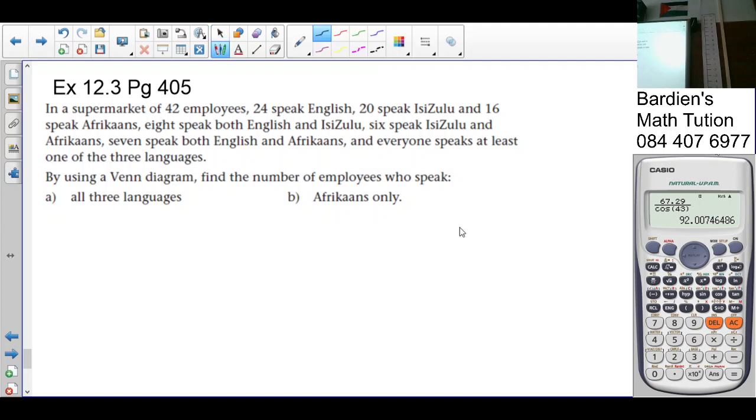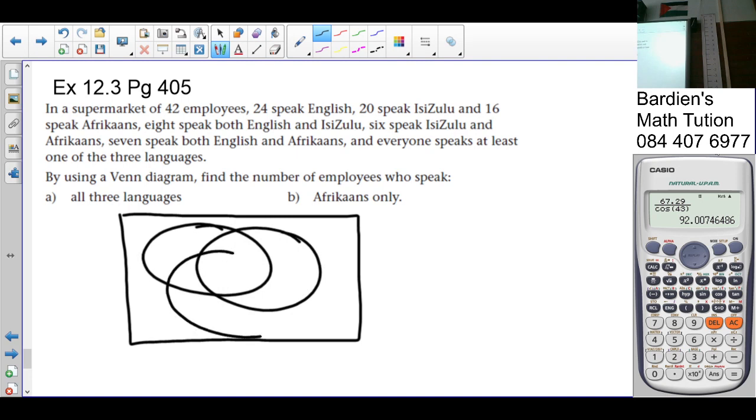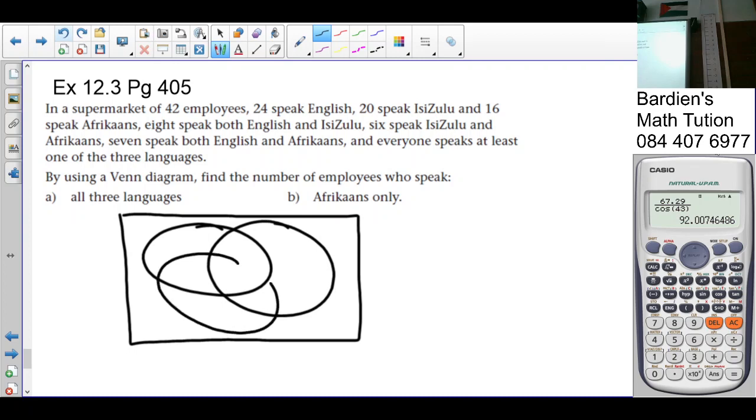Okay, so we have your Venn diagram, 3 sets, 3 subsets. Okay.